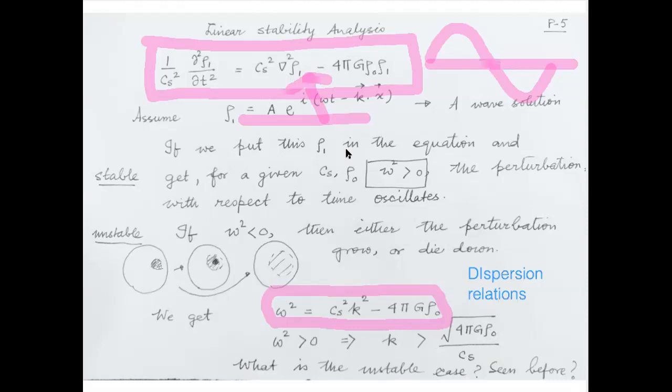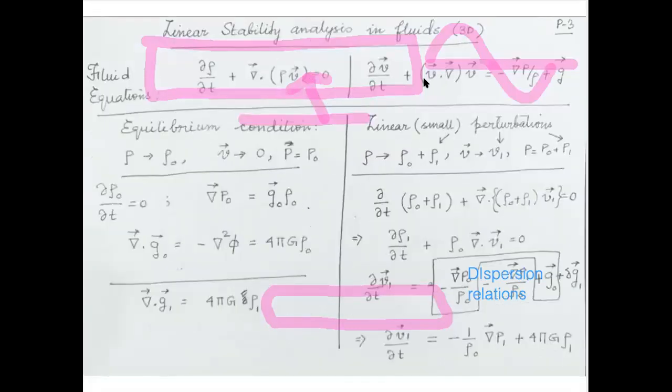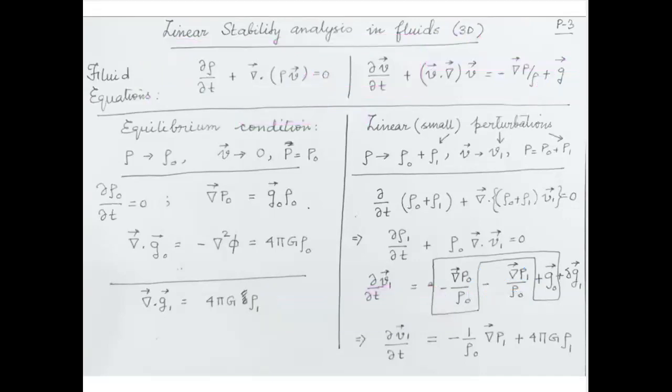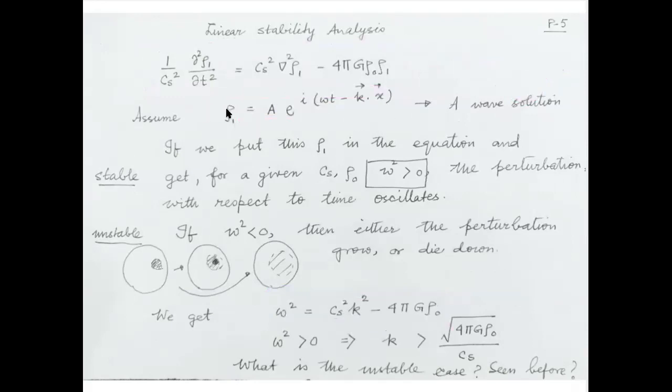So let me go back a few steps and see what we have done. We started with the fluid equations. And these fluid equations we studied in a very specific form: first of all, we considered a 3D setting, and then we took a particular form of the perturbations, in this case linear perturbations, and the perturbations are taken harmonic like this.